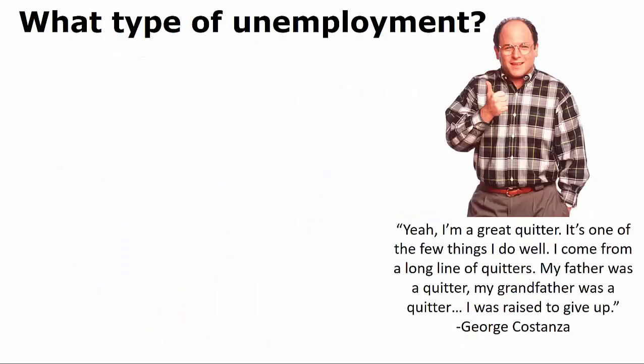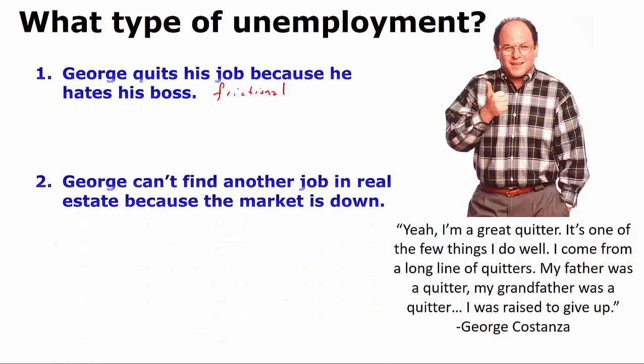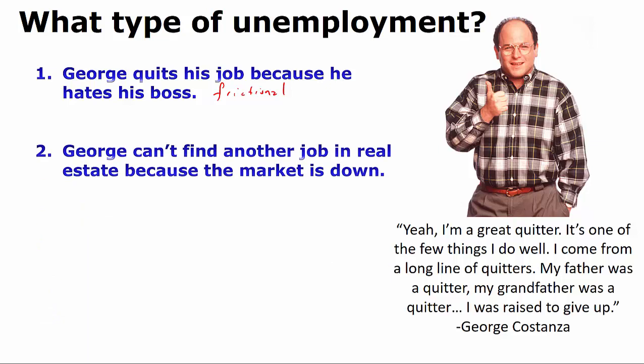Alright, so we've covered our three types of unemployment. Let's see how we've done. Let's pretend that George Costanza quits his job because he hates his boss. What type of unemployment would that be? That is correct. That would be frictional unemployment. Okay? What if George can't find another job in real estate because the market is down?